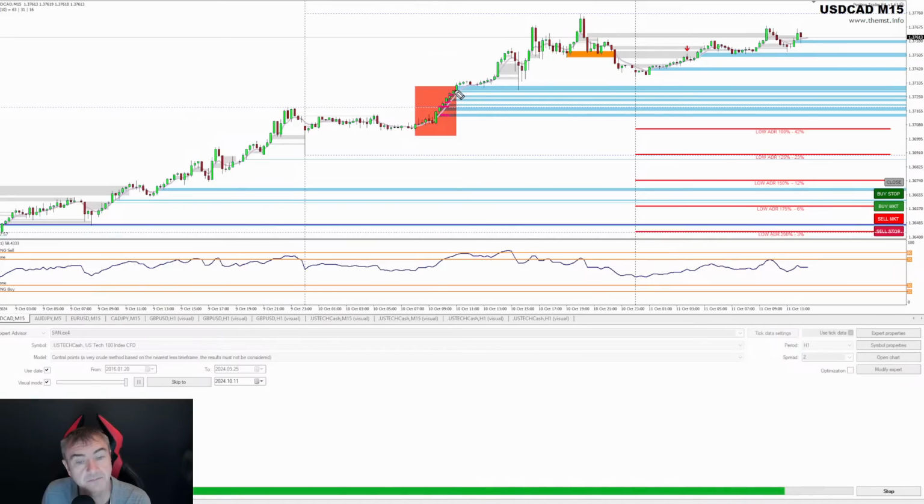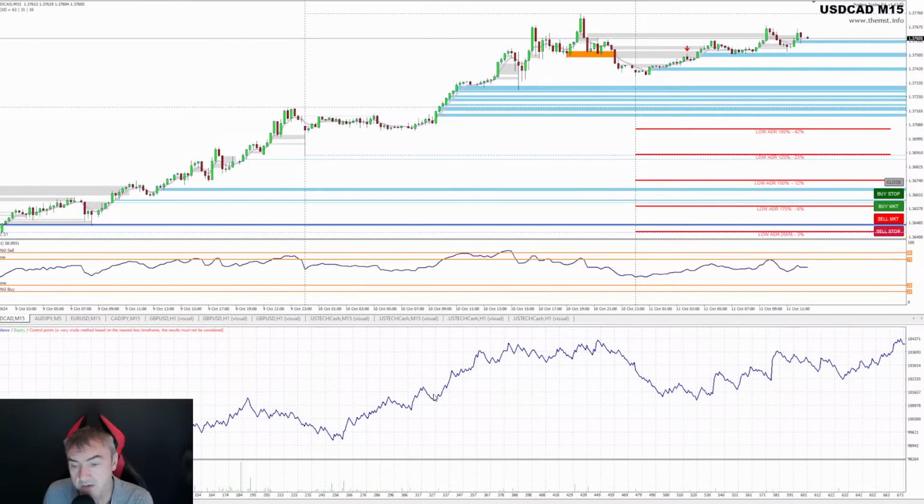Look at all these propulsion gaps. So to form a propulsion gap on a high time frame, you have to have propulsion gaps on a low time frame, because the lower time frame view creates the higher time frame view. So I think you'll find it will be hard not to have multi-time frame propulsion gaps in play. I don't think it's possible. I've never really looked at it, to be honest, but there we go.